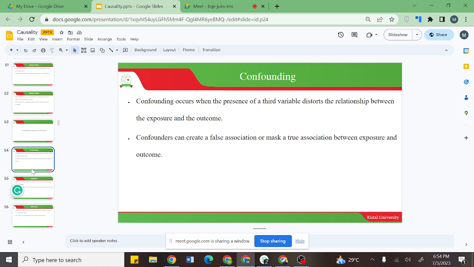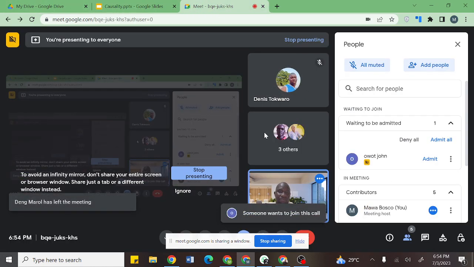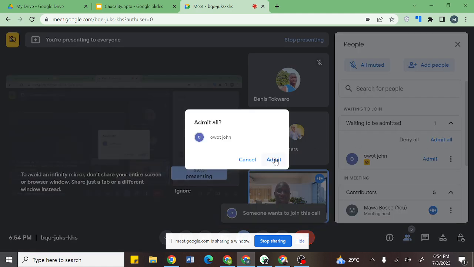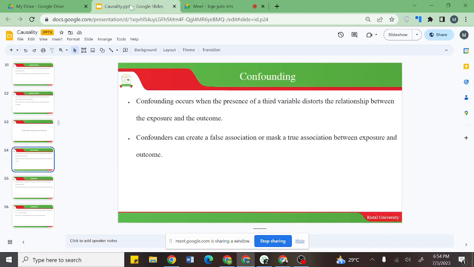But there could be another factor that can result into lung cancer and you have not really looked at it. And that is the third factor, which we call a confounding variable. So please know what a confounding factor is.